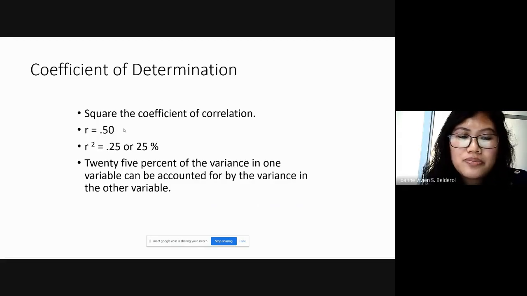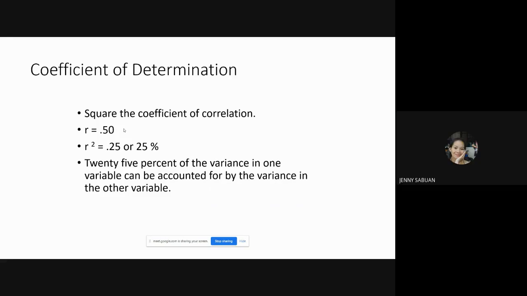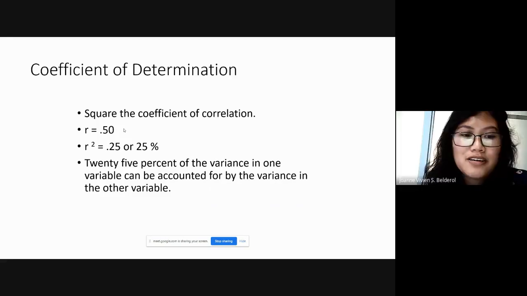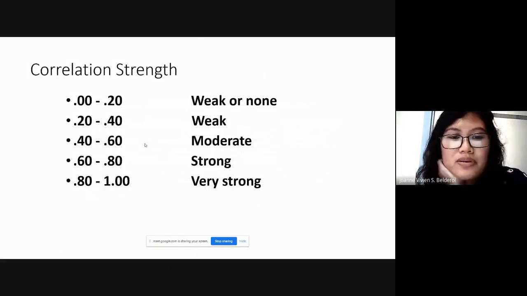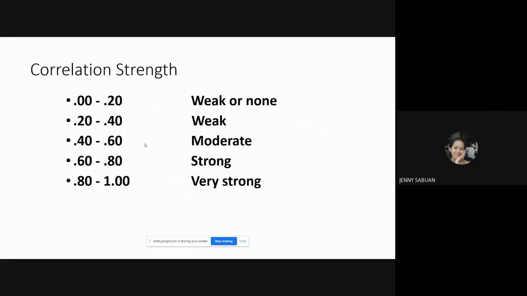0.50. What do you think? Positive, ma'am. Correct, it's positive because 0.50 is a positive number. What about the strength of the relationship? Let's go back to the slide. 0.50, where does it belong?